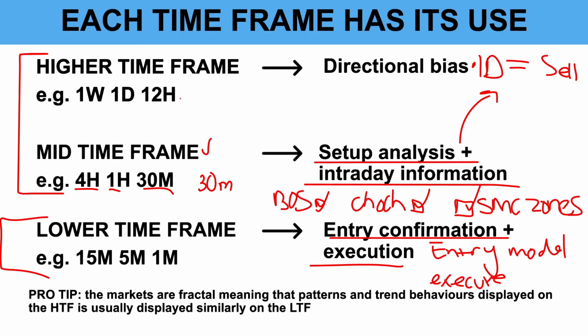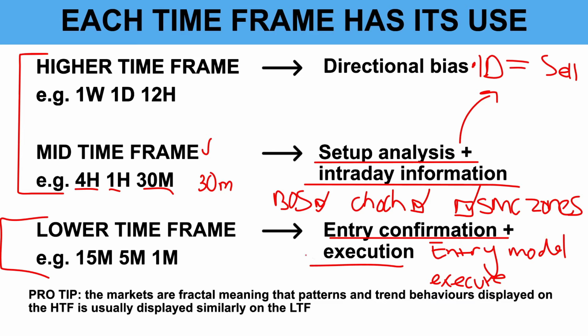So because we have all of the information and the setup analysis from these time frames, it leaves us with little to no work on the lower time frame. All we'd have to do now on the lower time frame is look for an entry confirmation and execute the trade, meaning to just put your SL, TP and your entry.